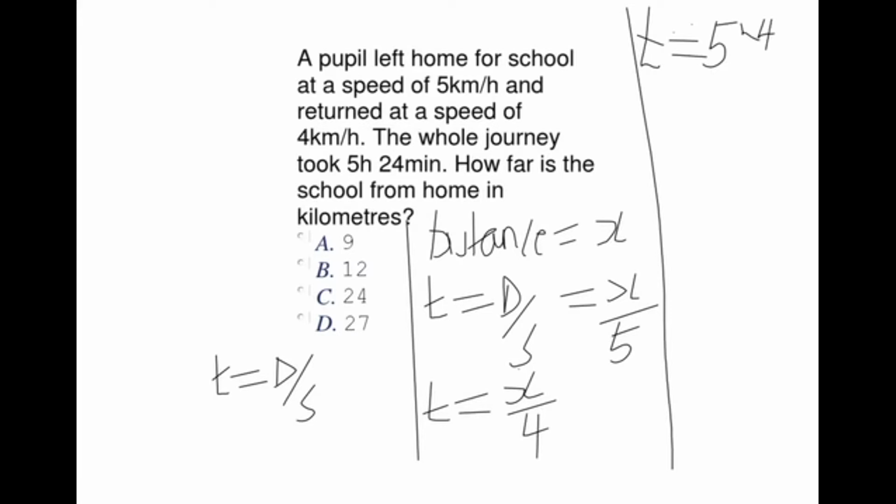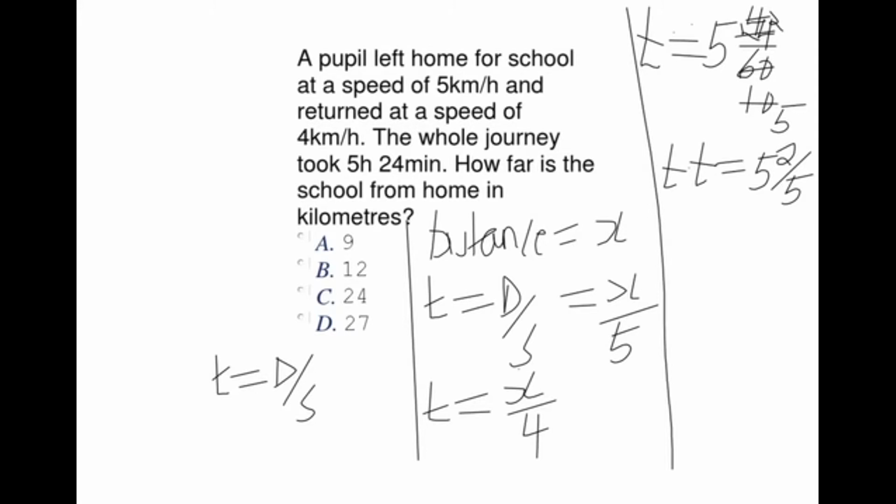We are going to change 24 minutes into hours. So we have 24 over 60. By 6 is 4, by 6 is 10. Then by 2 is 2, 10 divided by 2 is 5. So total time taken equals 5 and 2 over 5 hours.